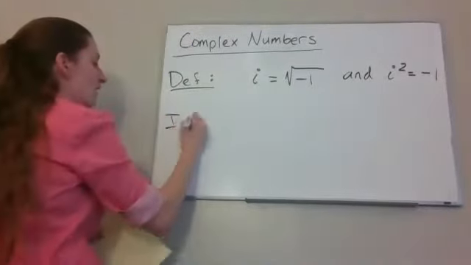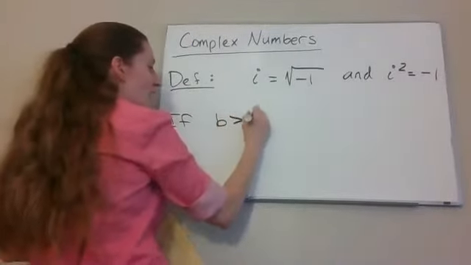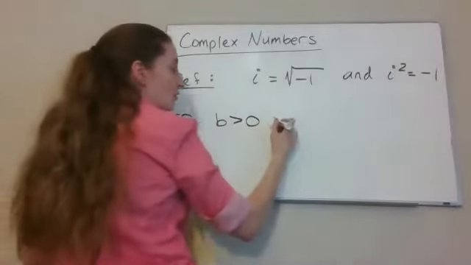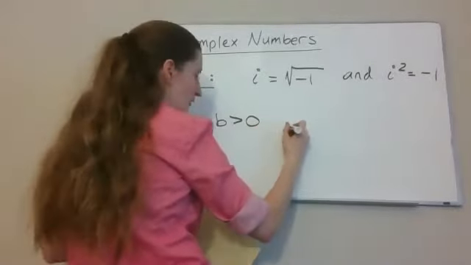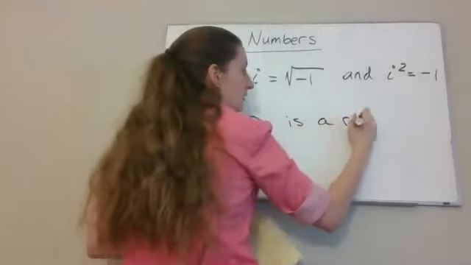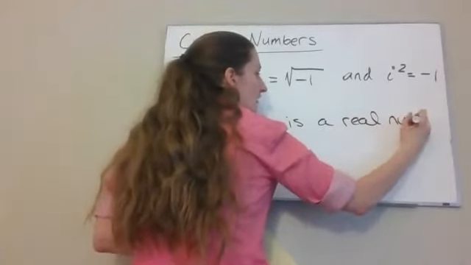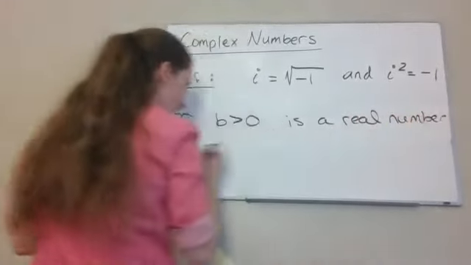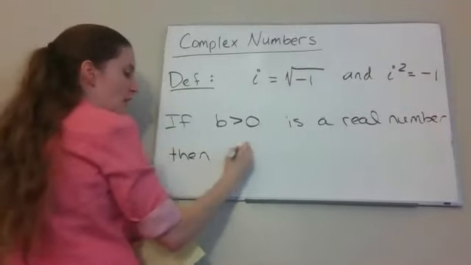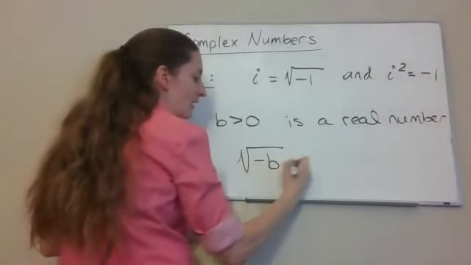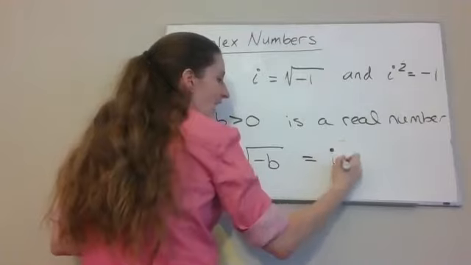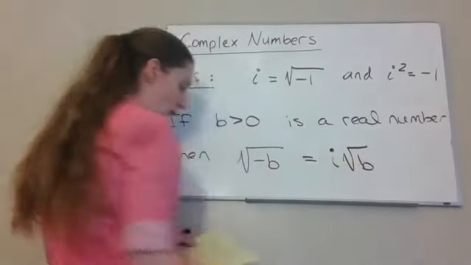Now, if we have b as some number larger than 0, which is a real number, then we can do the square root of -b and write that as i times the square root of b.